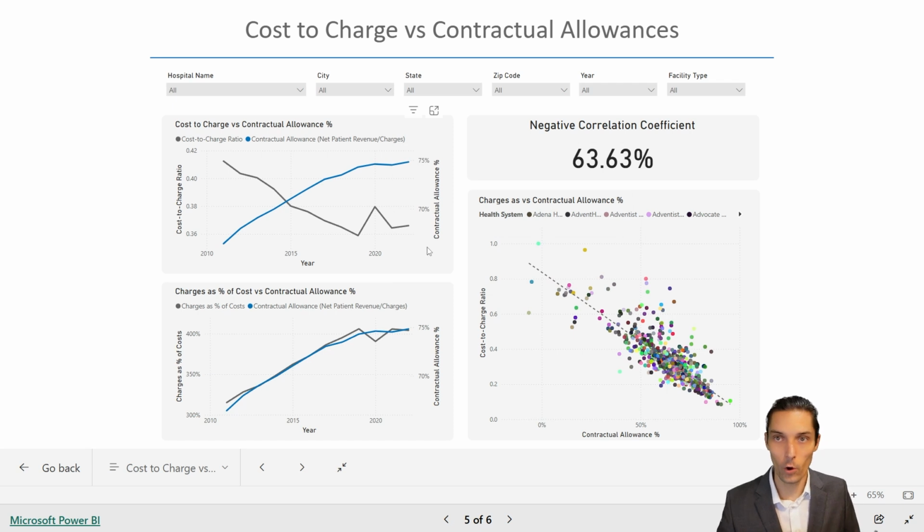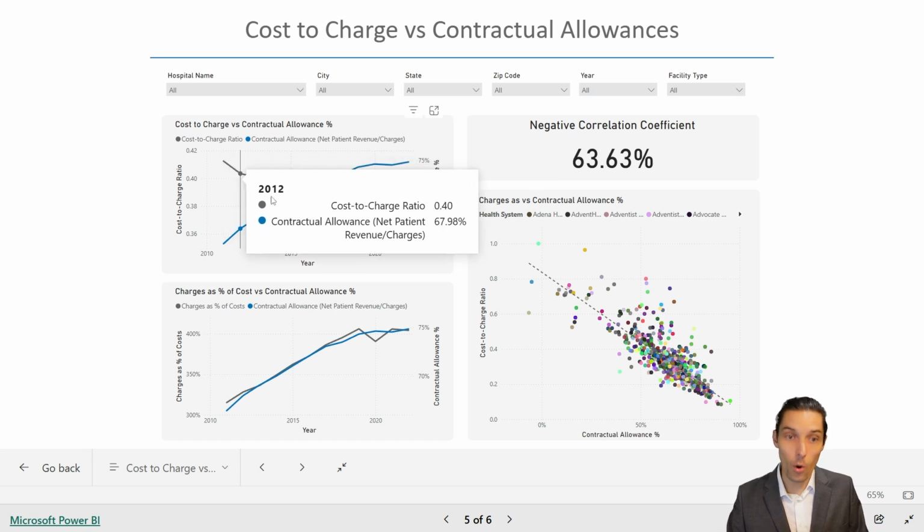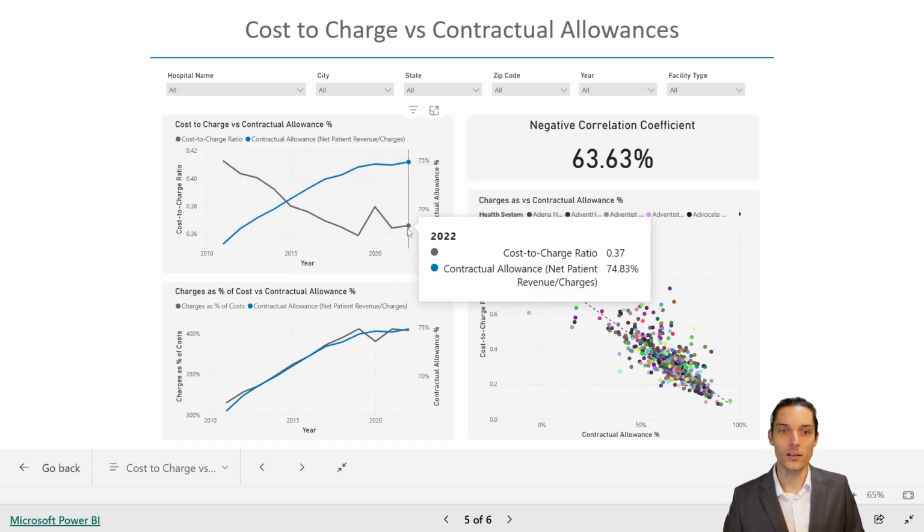And so the more you charge, the lower your cost to charge ratio is. If your cost to charge ratio is at 0.42, what this means is that 42% of your charges is your costs. And so you will incur 42 cents in cost for every dollar that you charge. And so if you charge more, then you'll have a lower cost to charge ratio than you would have otherwise.